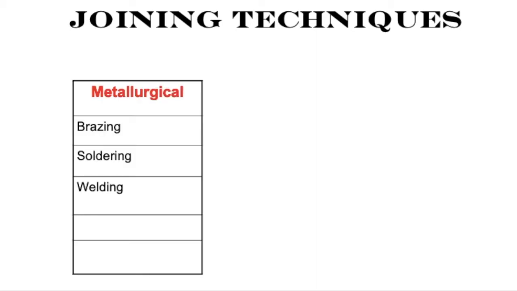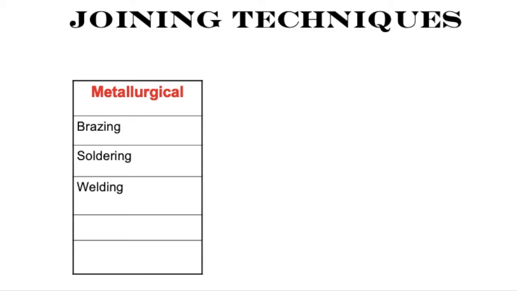In general, there is a range of joining techniques that are used in various manufacturing operations. This includes metallurgical joining techniques. The metallurgical joining techniques are almost entirely applicable only in metals. Why?